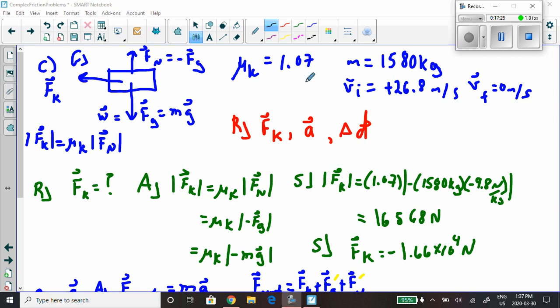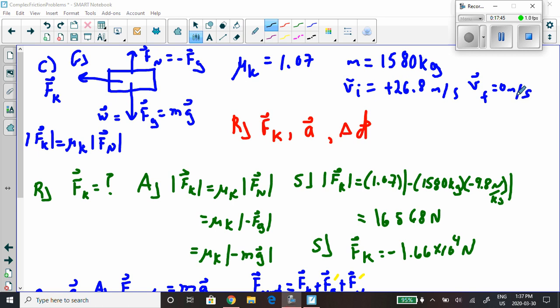What else do we know? We know by looking up on page 101 that the coefficient of kinetic friction is 1.07, a unitless quantity. The mass of the car is still the same from the previous one. The initial velocity before we start stopping is still the same. And the final velocity is going to be 0 because we want to stop.